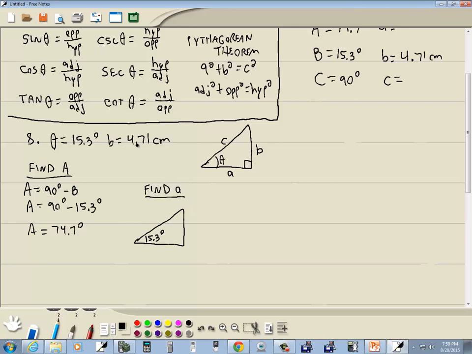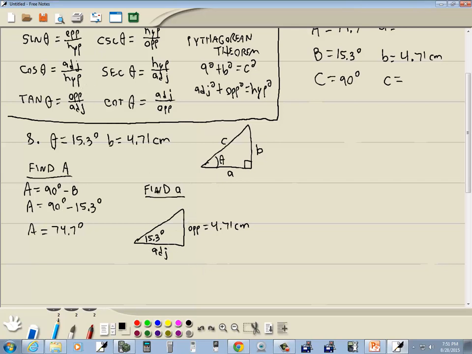They're also giving us side B. Side B is this side here, which in terms of our angle is the opposite side. So they're telling us that the opposite is equal to 4.71 centimeters. Now we said we're trying to find side A in this one, which is this bottom piece. Well, side A is going to be our adjacent with regards to this angle. So we're trying to find adjacent.